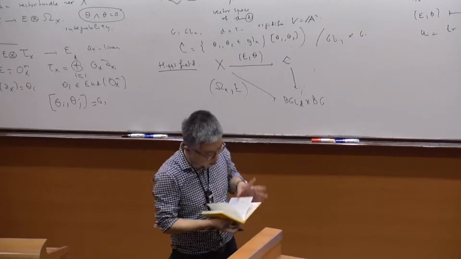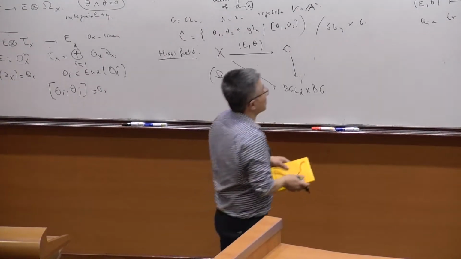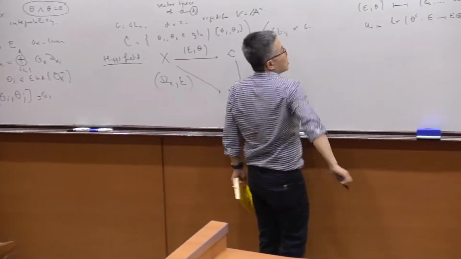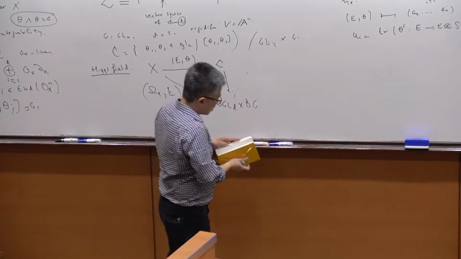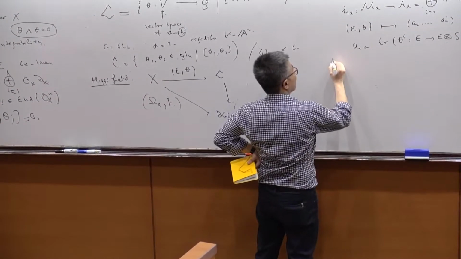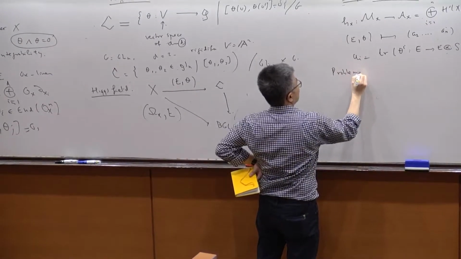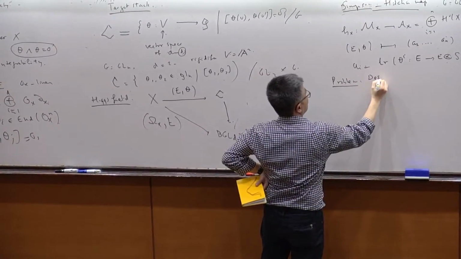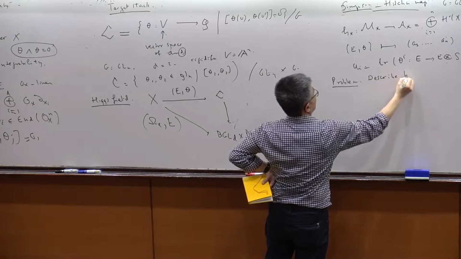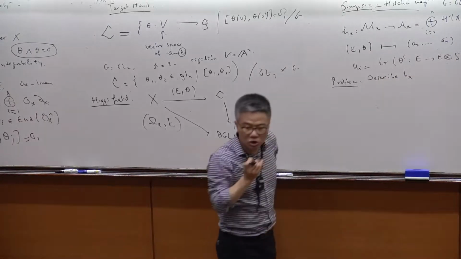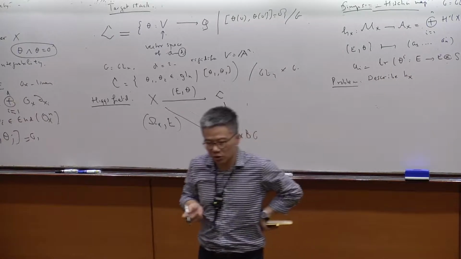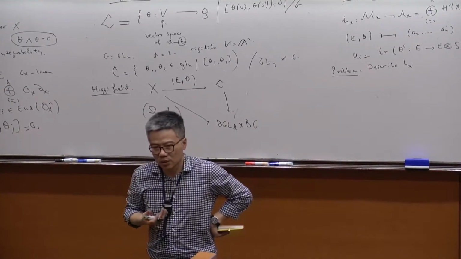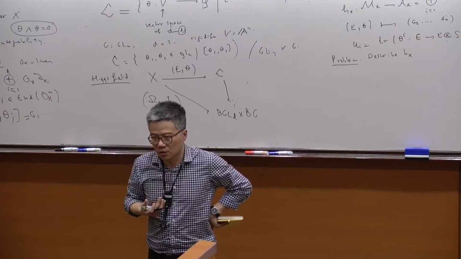So this is not a big deal, but it's easier to write in this way in the higher dimension case. So now the problem is how to describe this Simpson-Hitchin map. Is this map an abelian fibration?